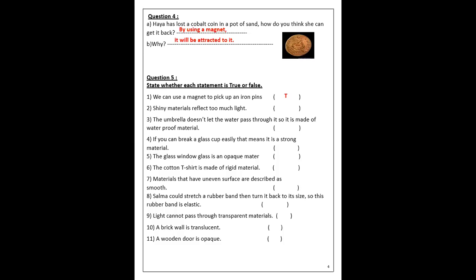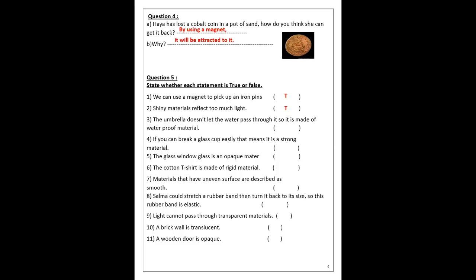And the opposite of it is dull materials, which reflect less light. So here in this question, it's saying, shiny materials reflect too much light. Is it true or false? It is true. Yes.